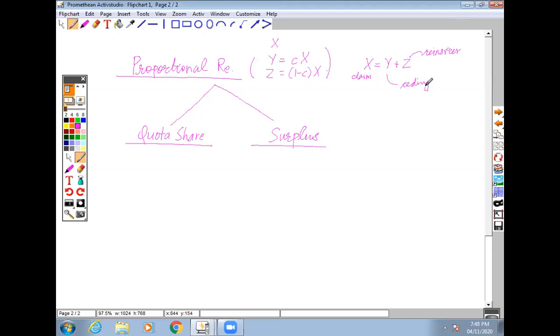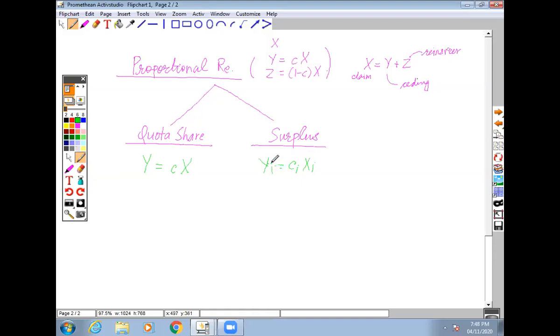Whenever I'm talking about quota share, we have Y equal to cX. This is exactly what happens. Whenever I'm talking about surplus, the proportions can vary. For certain kinds of claims, they might say that c is 0.25, and for other kinds of claims, c is 0.1 or something else.